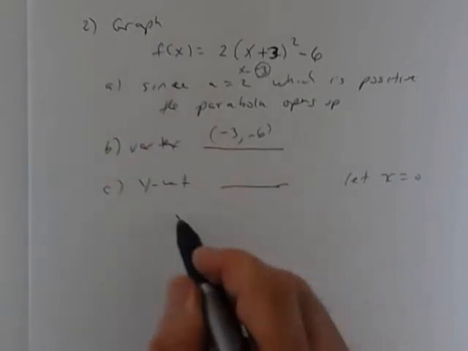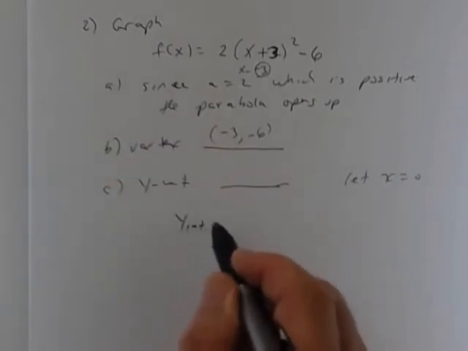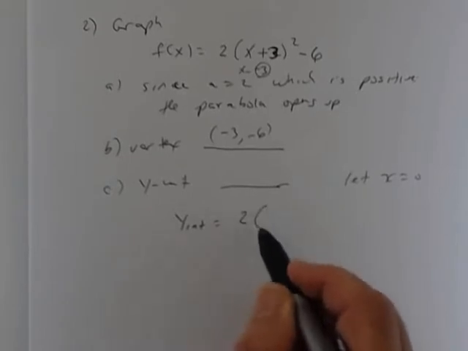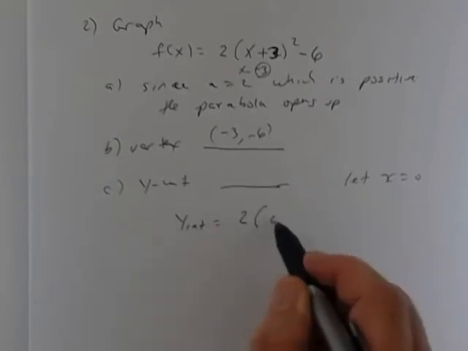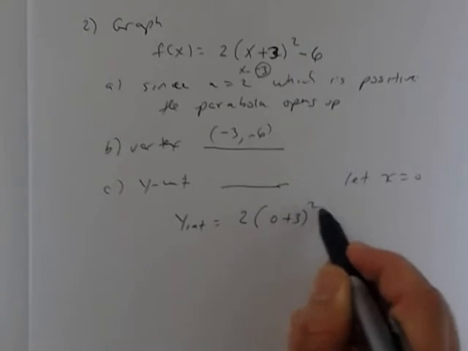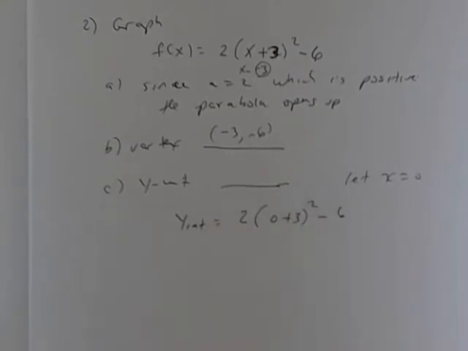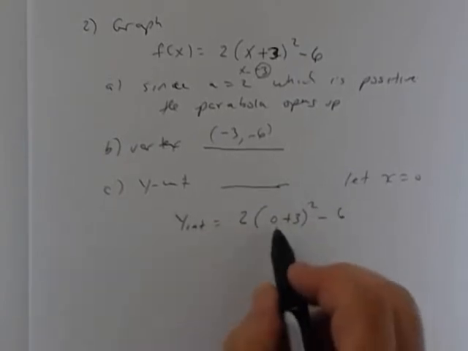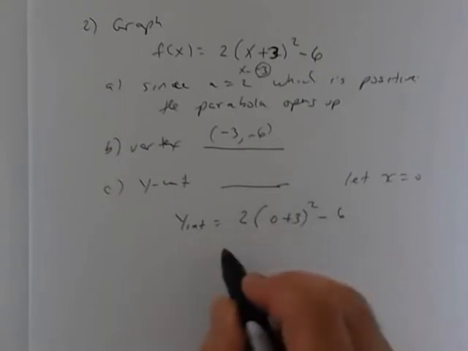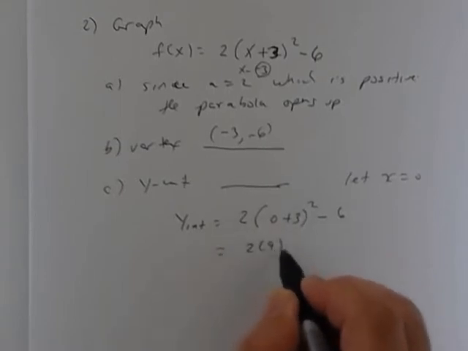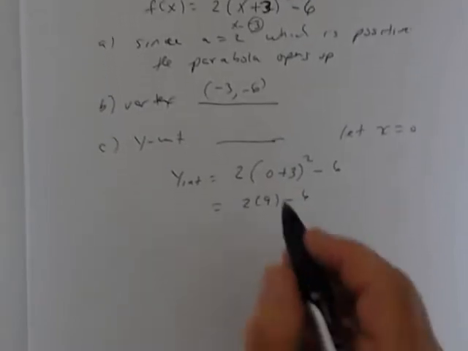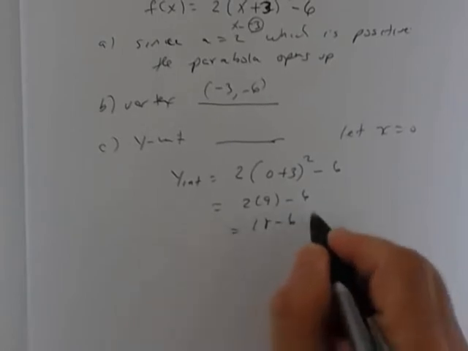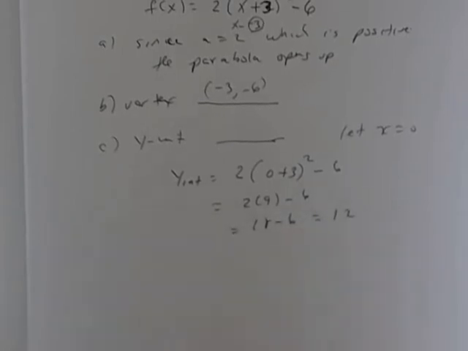So you can say the y-intercept is going to equal 2 times, in parentheses, 0 plus 3 squared minus 6, right? So 3 squared is 9. 2 times 9 minus 6. So that's 18 minus 6, which is 12.